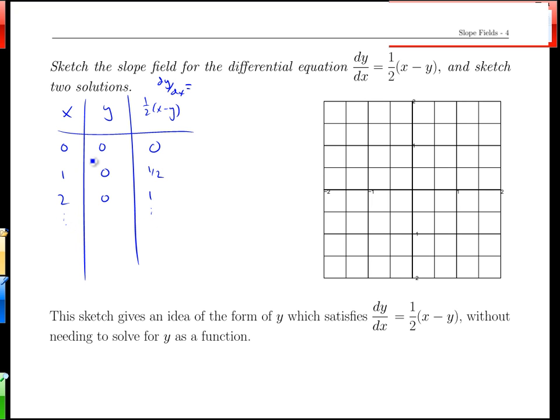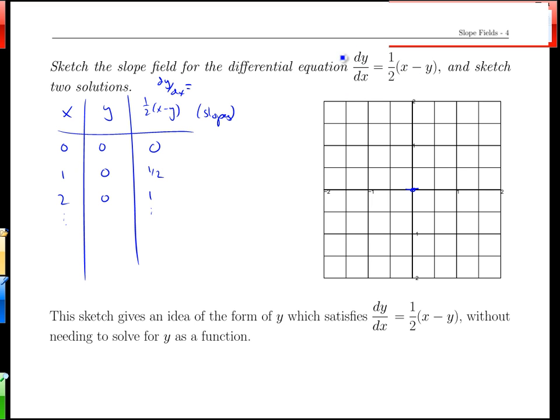Let's sketch out what those mean on our graph to start with. At 0, 0, we should have a slope of 0. So if a curve were to pass through that point and satisfy this equation, it would have to have slope of 0 there.